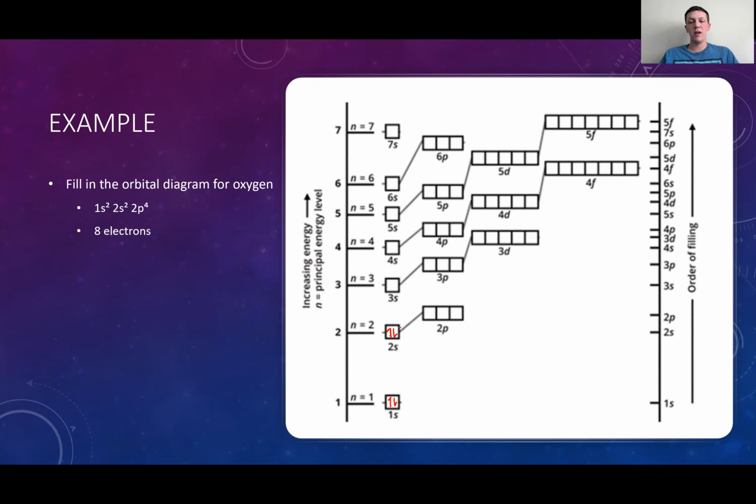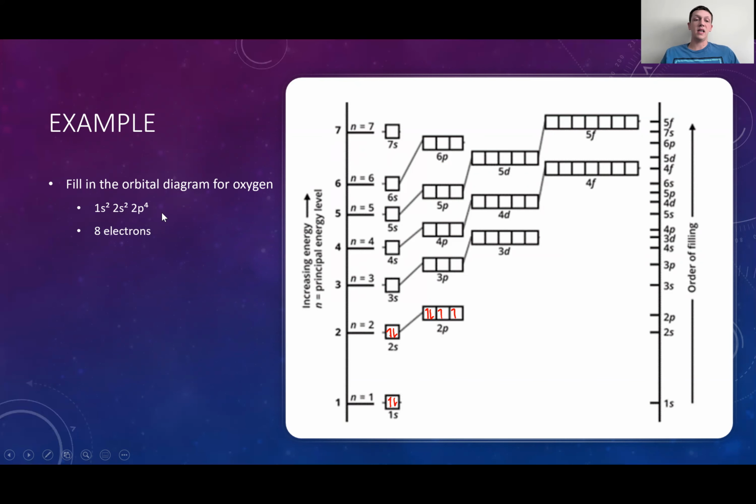Before you pair them up, you need to separate them. So I put 1 here in this box, 1 there in that one, 1 here. And then with the last one, you just toss it in, and it has a spin of a different direction than the other ones. That is what the orbital diagrams are used for. You can put these electrons in here and see how many you have.